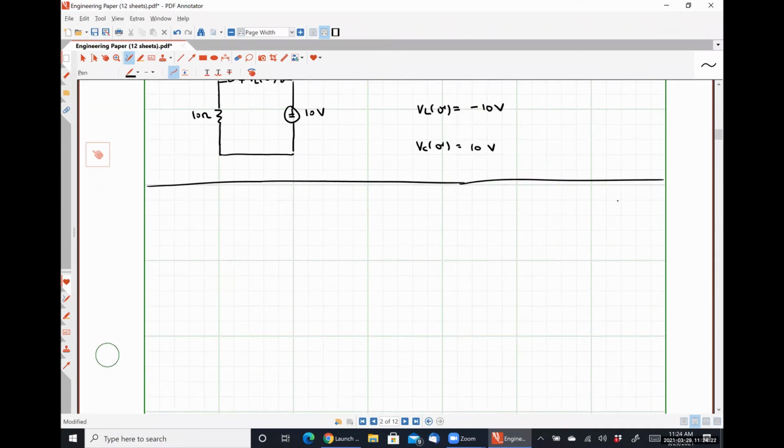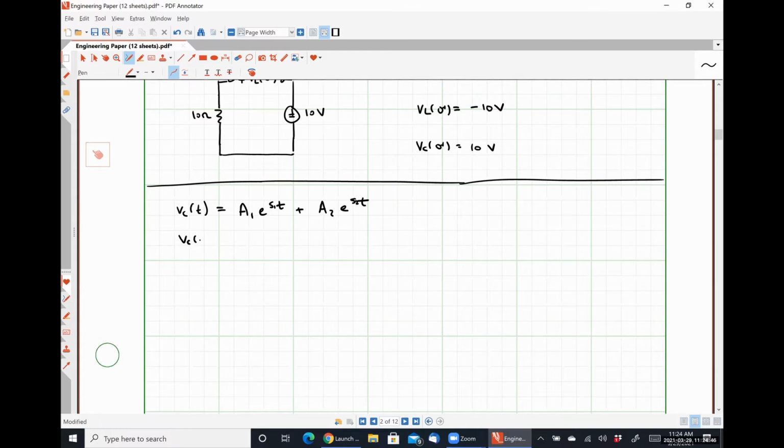So because we have an overdamped system, VC of t will be of the form A1 e to the S1 t plus A2 e to the S2 t, right? Right off of your spreadsheet or table that I gave you guys.